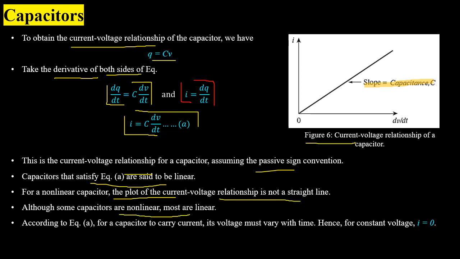Now according to equation A, for a capacitor to carry current, its voltage must vary with time. For constant voltage, the current flowing through the capacitor will be 0, and current is 0 ampere for an open circuit. Hence, the capacitor acts as an open circuit for DC voltages.